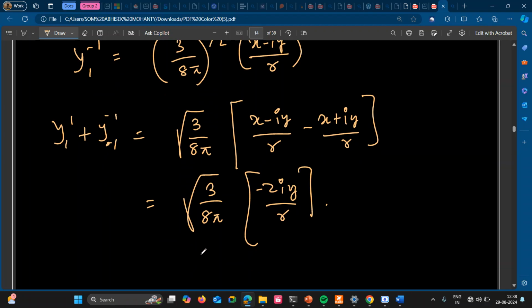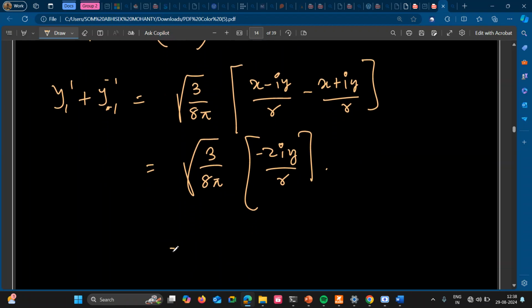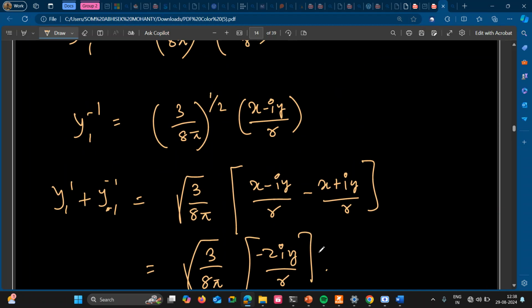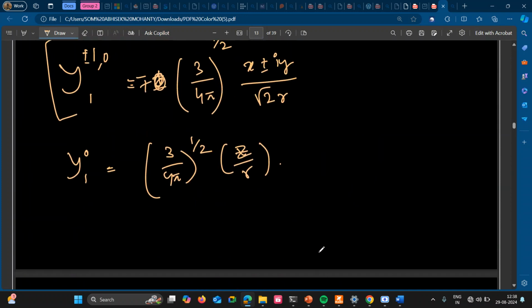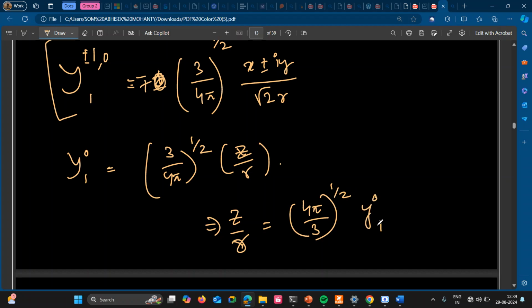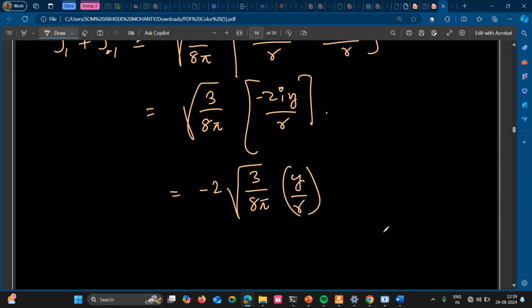So minus 2 root over 3 by 8 pi, y by r. This is y by r. From here, if you check, we can get a z by r value. Z by r is equal to (4 pi by 3) to the power 1 by 2 Y10. You will understand at the end why I am writing all this. Now we got y by r here.